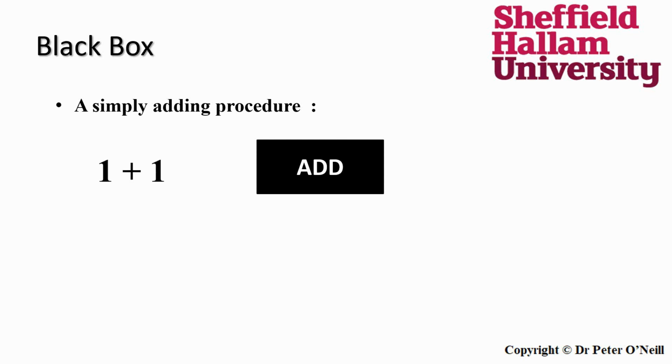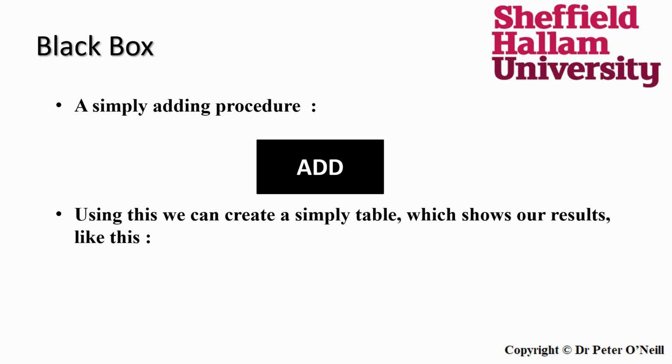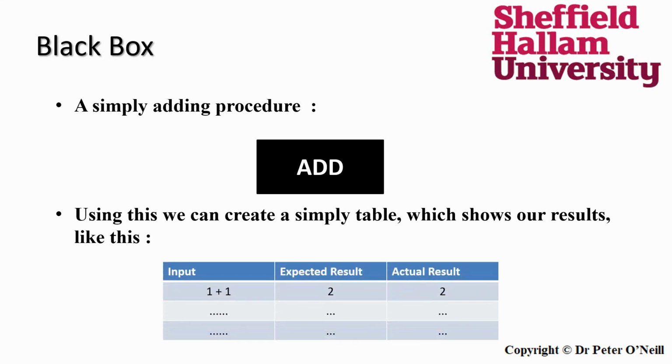Here are our two numbers. We squirt them in on one side and expect the result. There's the result. So the result is 2, which is correct. Great, we know that. Using this, we can create a simple table which shows these results. So here we've got input, and we can show that when we've tested it, it works correctly.